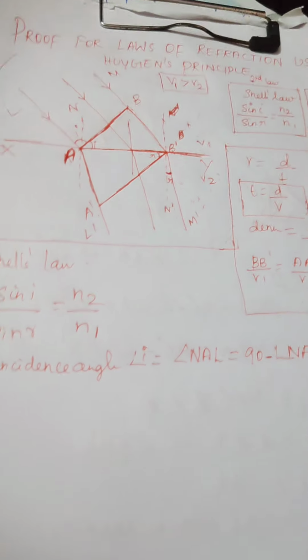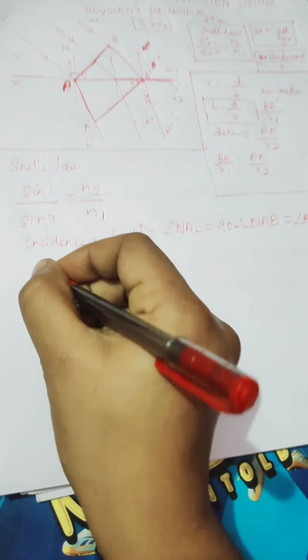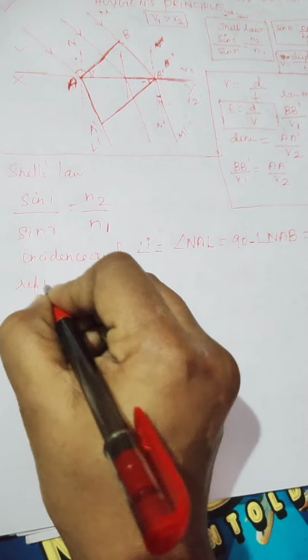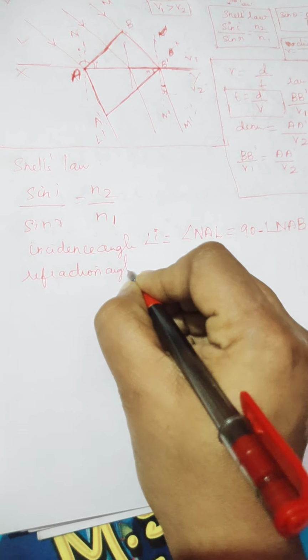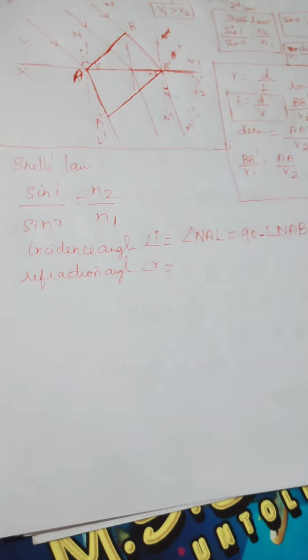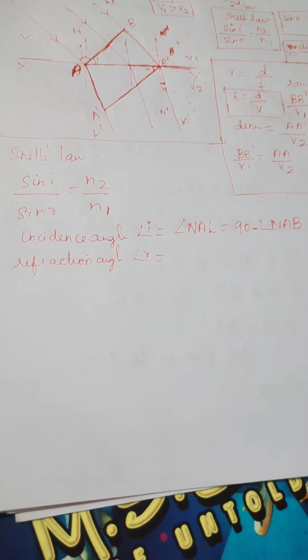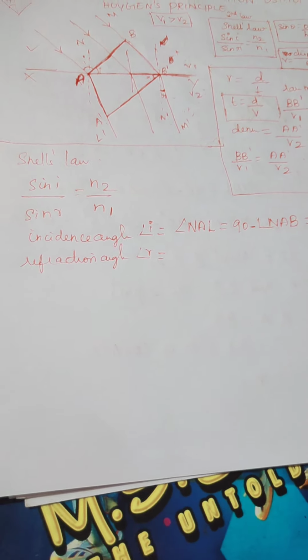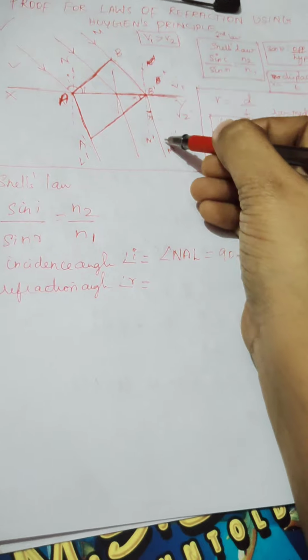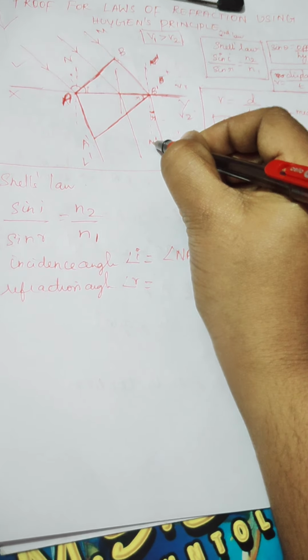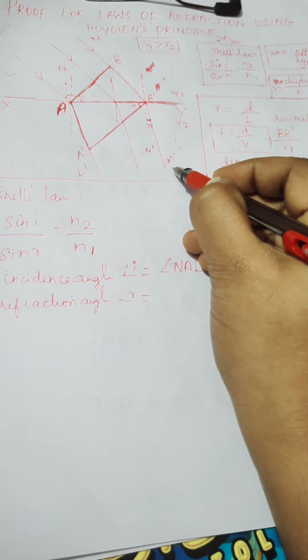Now we'll see for the refraction angle. So angle R is equal to, listen carefully, very easy, N dash, B dash, M dash.